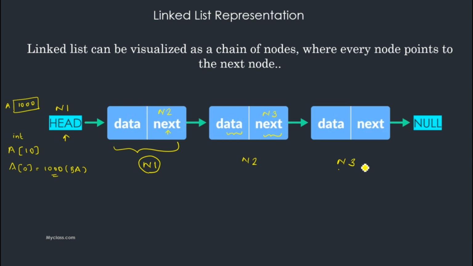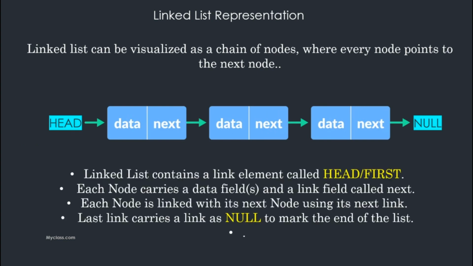In this example N3 is our last node, is it? The last node's address value or link part is pointed to a null value. A null value means this node 3 is our last node. Understood? So that is the difference between an array and a linked list.